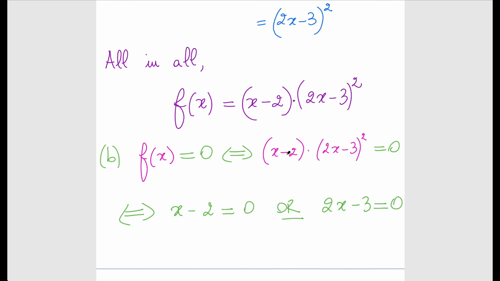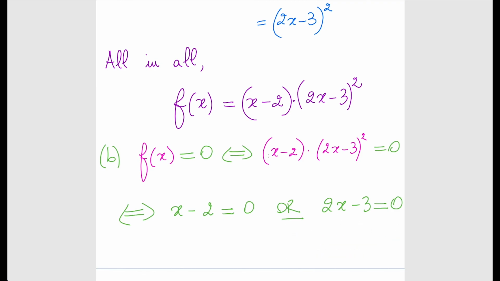A product of things is 0 if and only if at least one of the factors is 0. I have x minus 2 as one factor and 2x minus 3 as the other factor, and a third one which is the same as the second one. So I'm going to just write it one time instead of writing or 2x minus 3 is equal to 0 for the third factor. But this is redundant here, so I'm not going to write it.